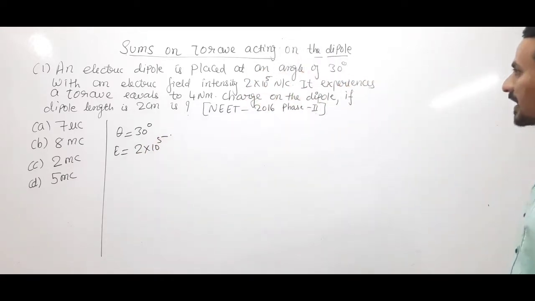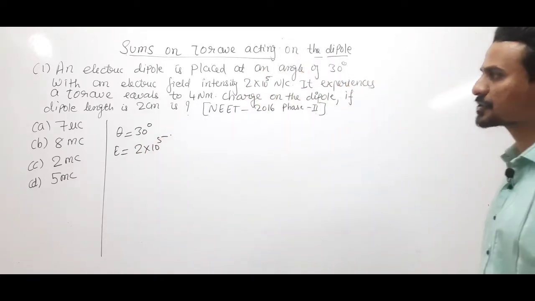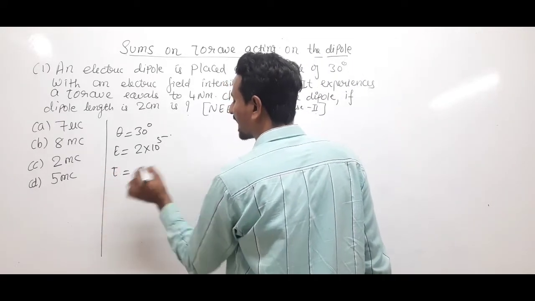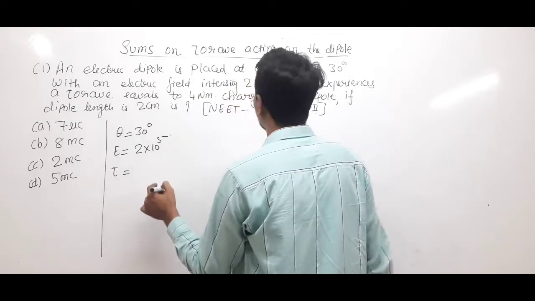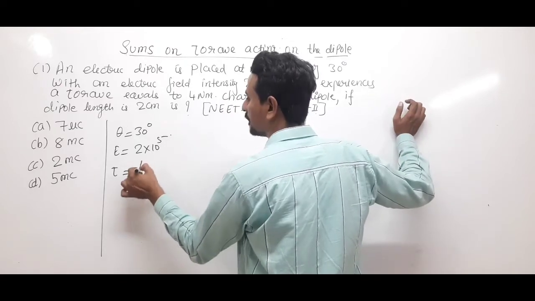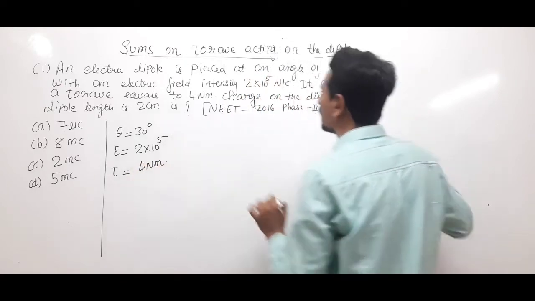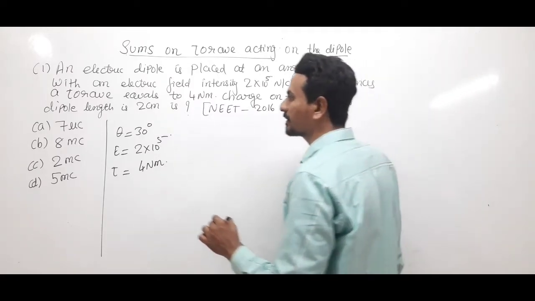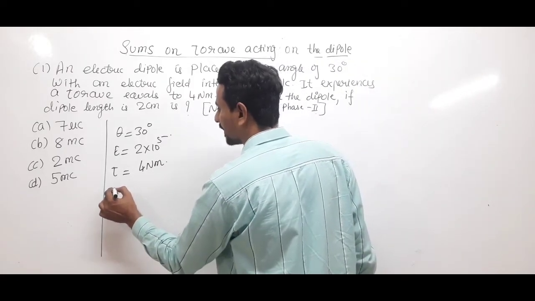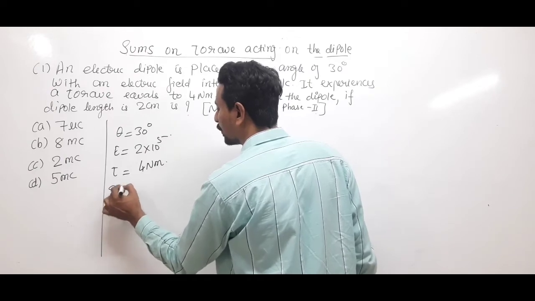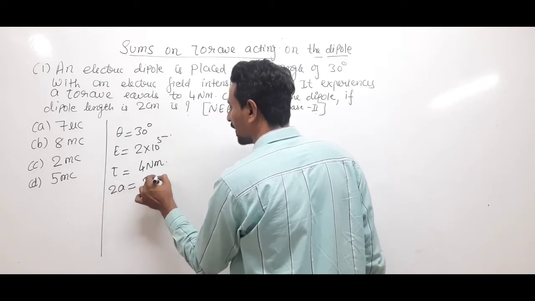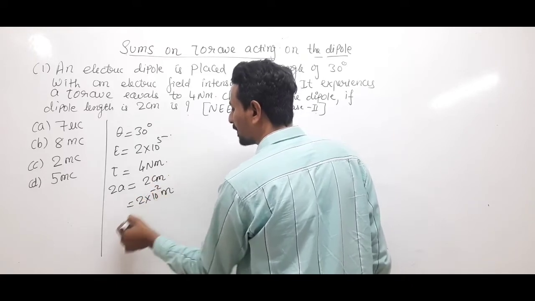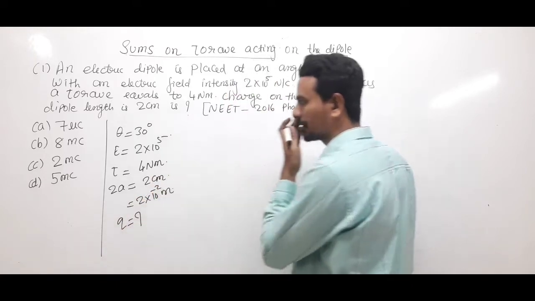It experiences a torque equal to 4 Newton meter. Find the charge on the dipole if the dipole length is 2 centimeter. That means the length of the dipole, say 2a, is given as 2 centimeter, that is 2 into 10 raised to minus 2 meter.